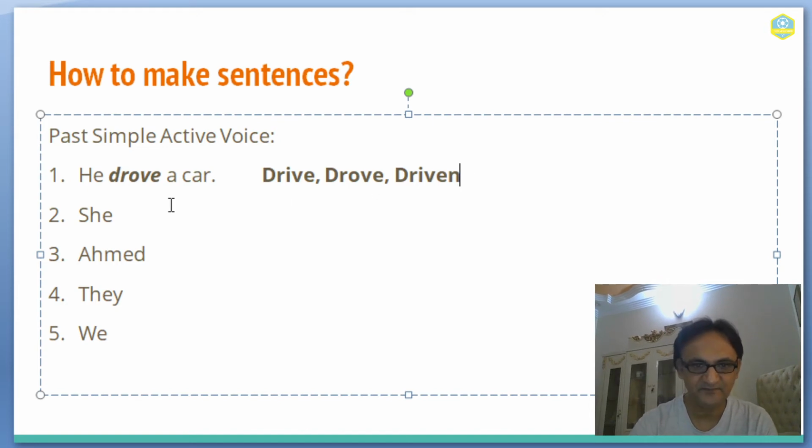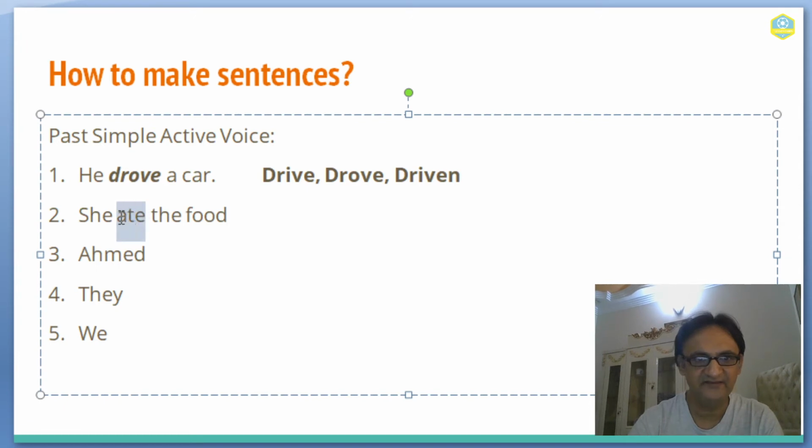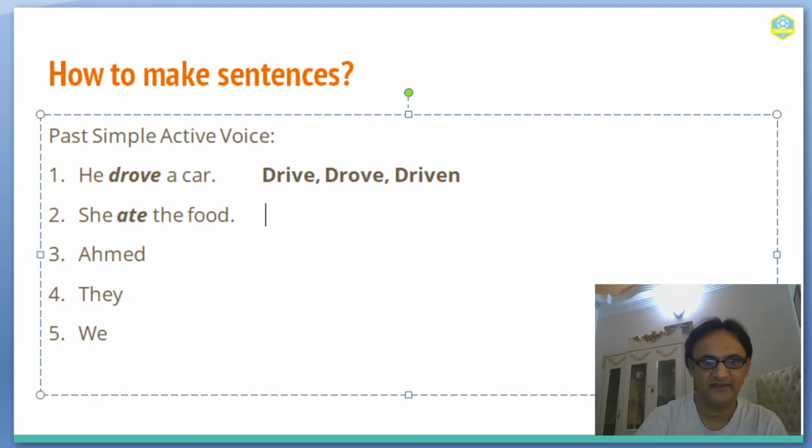Second, she ate the food. Now ate is the second form of eat: eat, ate, eaten.